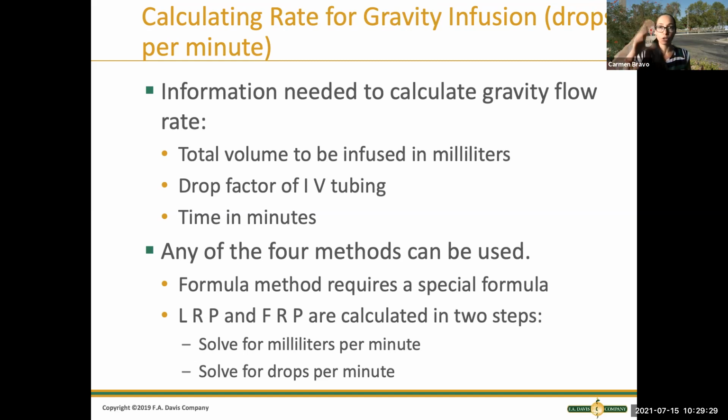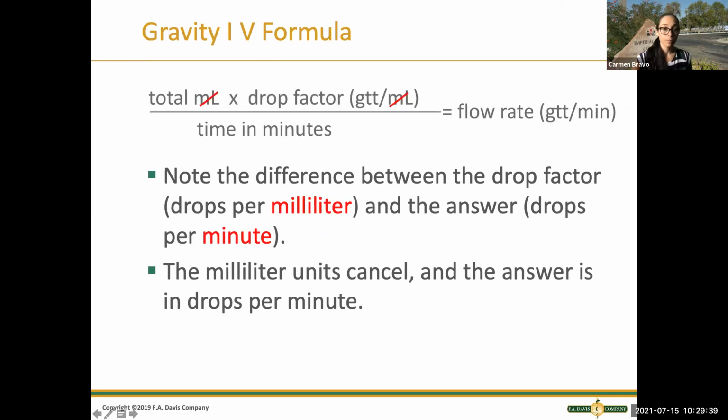So it's the same, only that the drops go on the top and the mLs go on the bottom. And I'll show you right now, right here. So the total amount, the total mLs, and then you add the drop factor, which is GTTs. That's another way of writing drops, you guys. GTTs, drops per mL, okay?